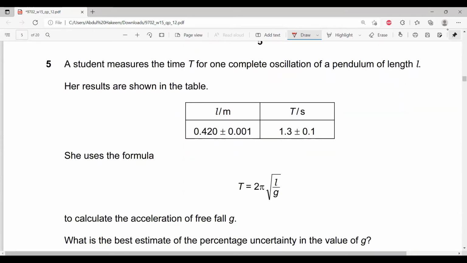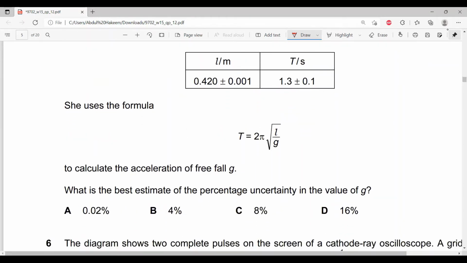Next is question number 5. A student measures the time t for one complete oscillation of a pendulum of length L. Her results are shown in the table. She uses the formula T is equal to 2 pi square root of L over g to calculate the acceleration of free fall. What is the best estimate of the percentage uncertainty of g? This formula can be written as T squared equals 4 pi squared L over g.